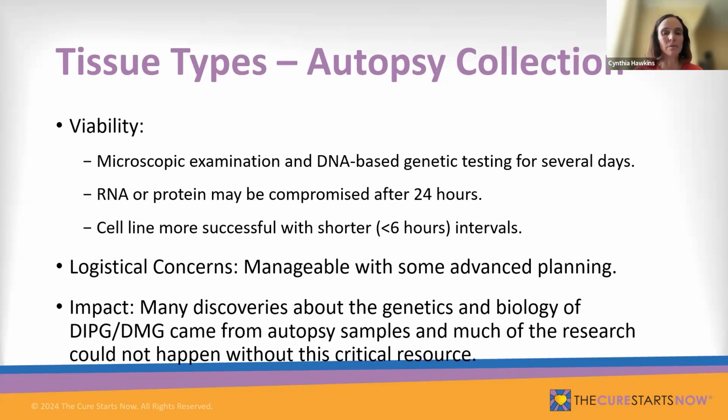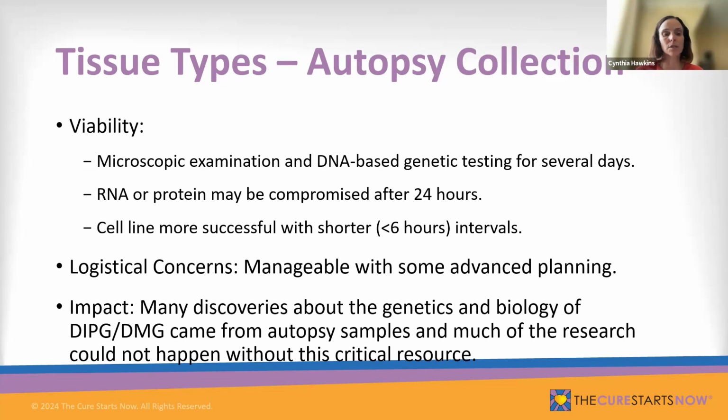Up to even several days after death, the autopsy material is still viable for DNA. RNA and protein is a little bit easier to break down, and so if we go much past about 24 hours, that can be compromised. But certainly under that, we've been able to do very good studies using material that's collected at autopsy.